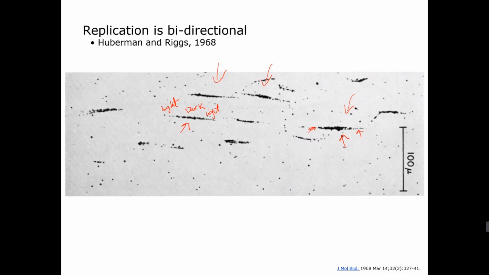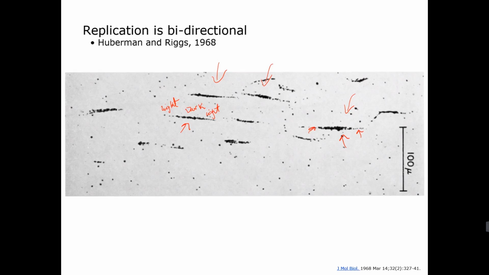So pretty much everything that they examined, of course, they went through a bunch of these images, they quantified the fraction, and they showed that the predominant pattern that they saw was consistent with bidirectional replication.